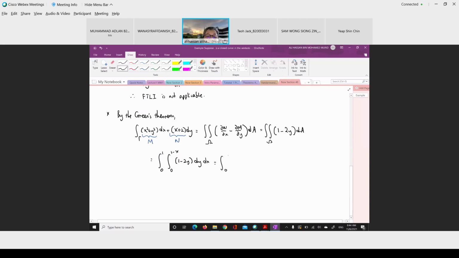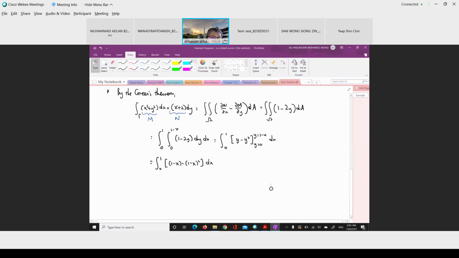So the result is y minus y squared, y is between 0 up to 1 minus x, dx. So we substitute y with the upper limit 1 minus x. When y is 0, it's 0. So now it reduces to a single integral with respect to x.